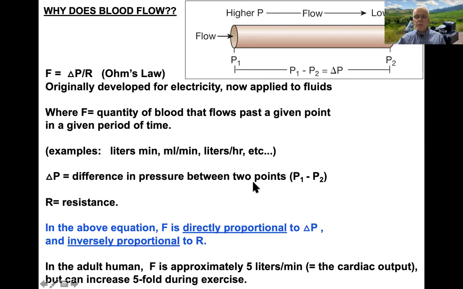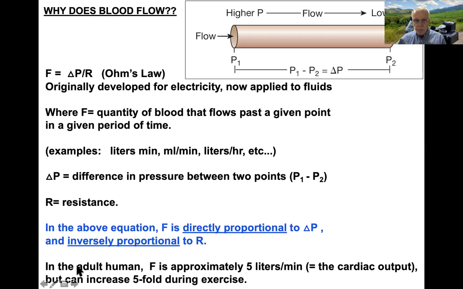And this text is no different. But delta P just means what's the difference between P1 and P2? R, the most difficult thing to measure, is resistance. So recapping, in the above equation, flow is directly proportional to the pressure difference, inversely proportional to the resistance.